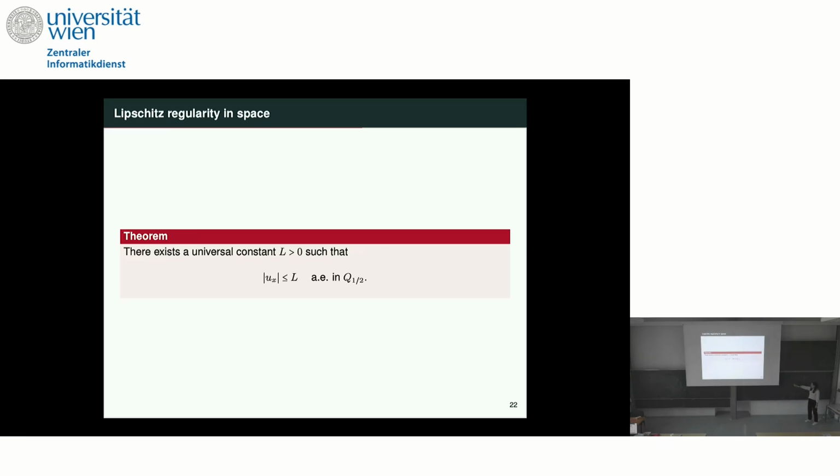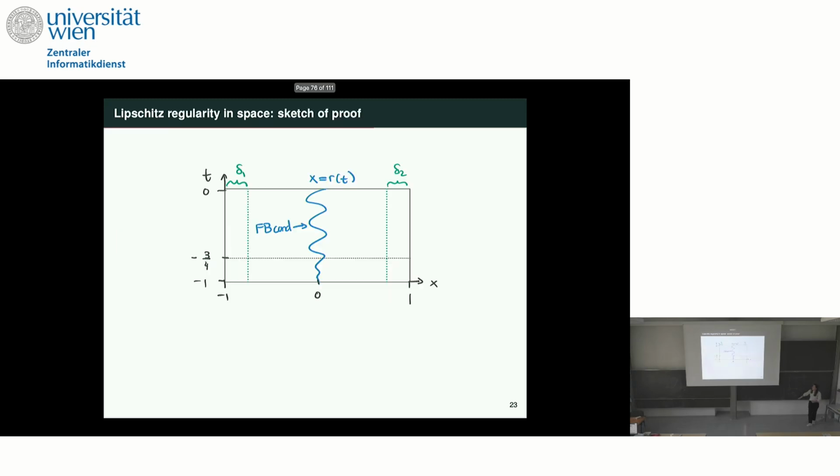So this is true here. Now this f is bounded between these two constants, so this is universally bounded. And now, because we know that r does not hit, so there's a universal separation here, this will also be universally bounded, okay? So on the free boundary, we know that this is bounded by capital Lambda over delta 1, okay? We have that bound.